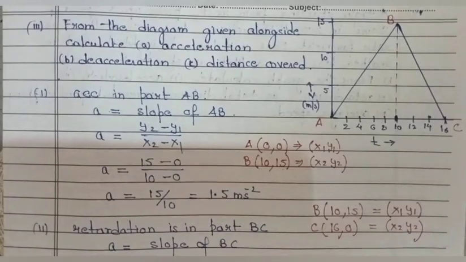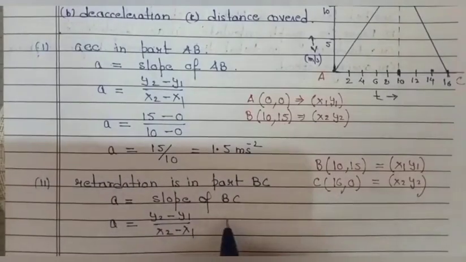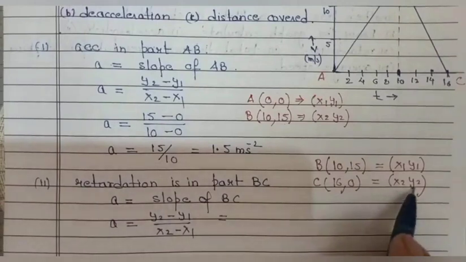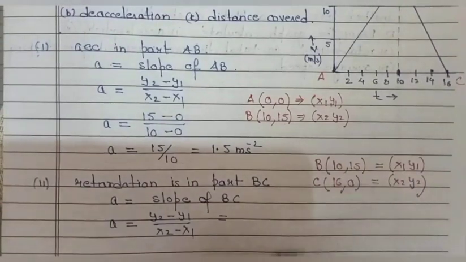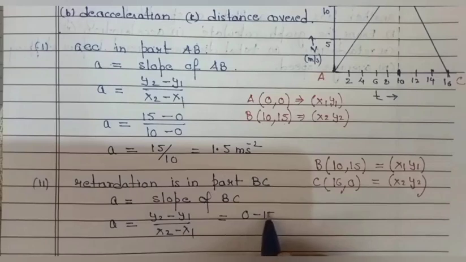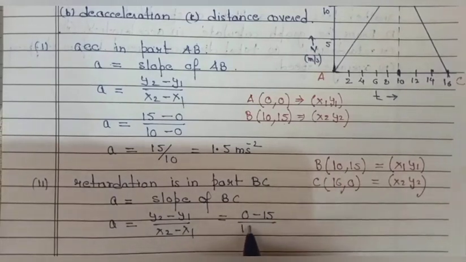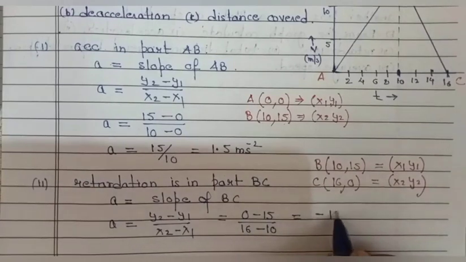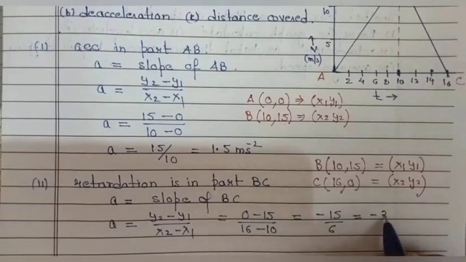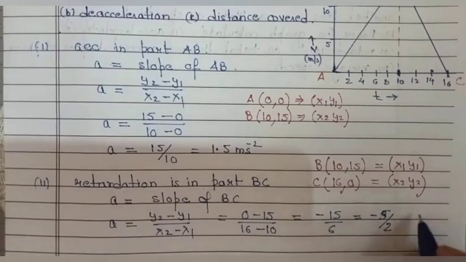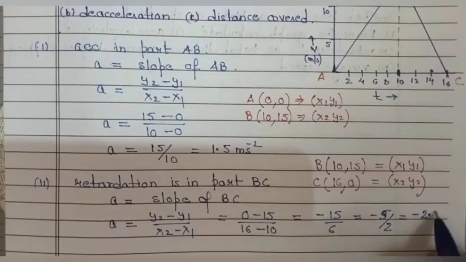Now substituting these values, we have y2 minus y1, so 0 minus 15, upon x2 minus x1, 16 minus 10. So this will give you minus 15 upon 6. When you reduce it, you get 5 upon 2. So 5 upon 2 on simplification will give you minus 2.5.